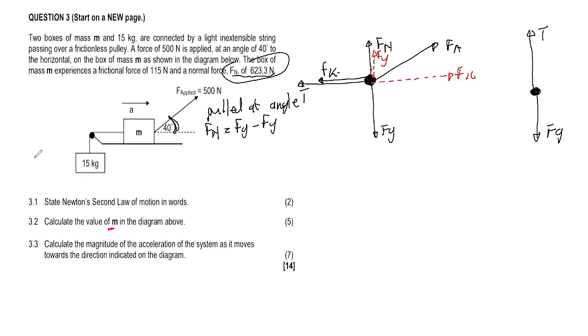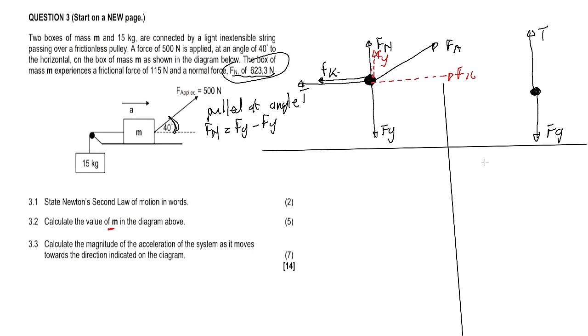Now, if we are to apply our Newton's second law separately, this is now how we'll have that. For this block here, I will have F net is equal to MA. So now I'm considering the horizontal forces. There will be Fx. So note positive direction, negative direction.